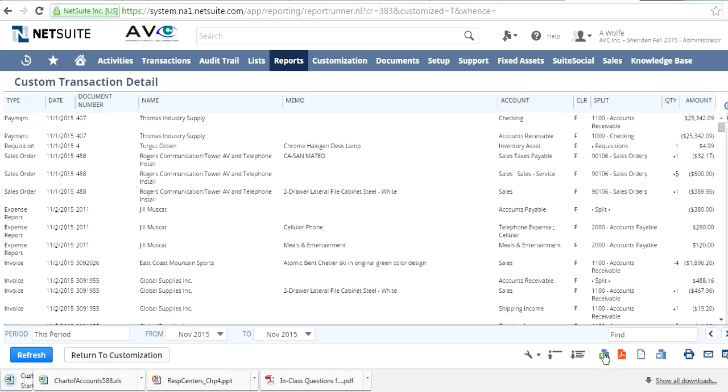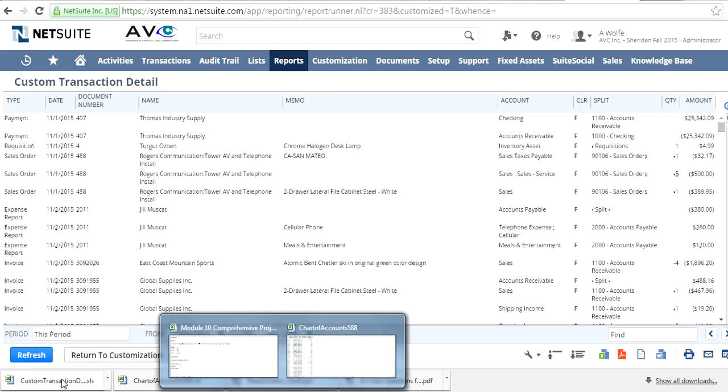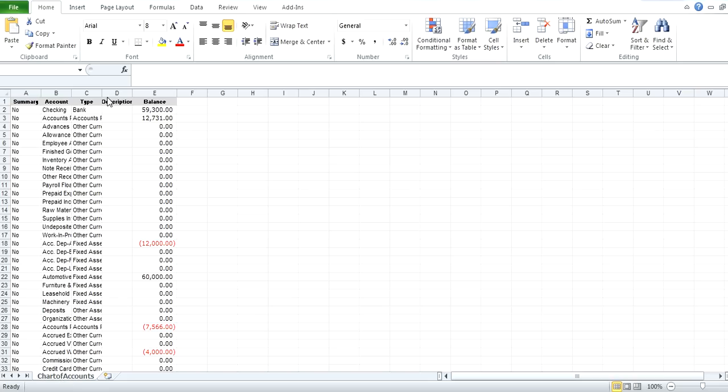I would export it. And it's downloading here in the corner. I'm going to open the custom transaction detail. Wrong one. Say yes.